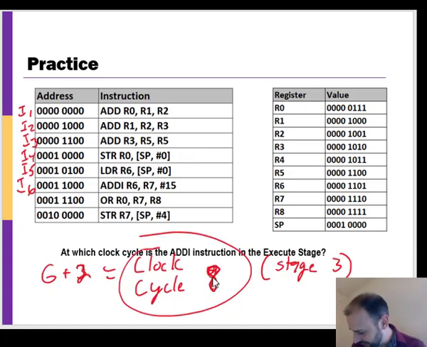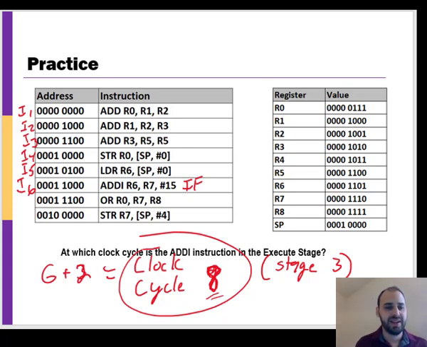If we look at this, at clock cycle 6 we enter the instruction fetch stage, and then we go to decode, execute, 2 more clock cycles. So the answer is actually clock cycle 8. That would put the add immediate into the execute stage, stage 3.